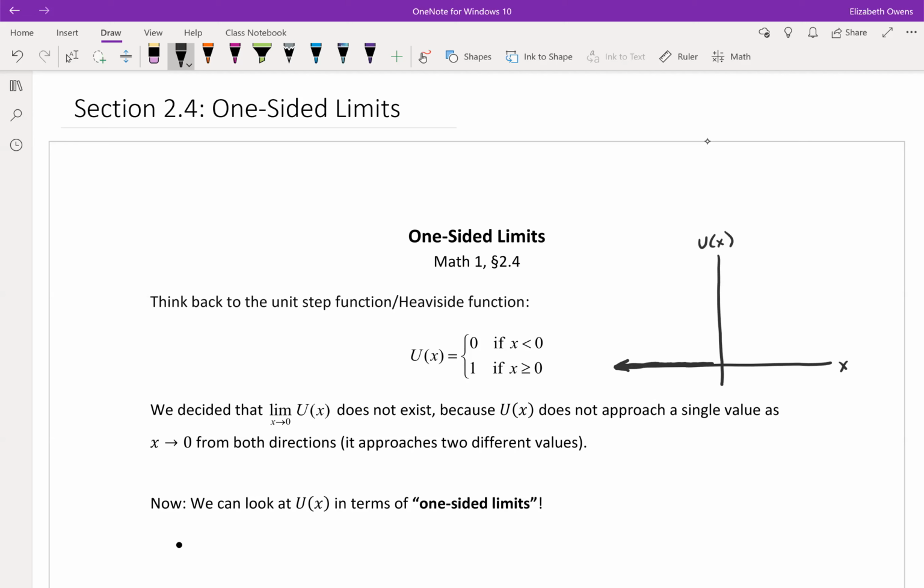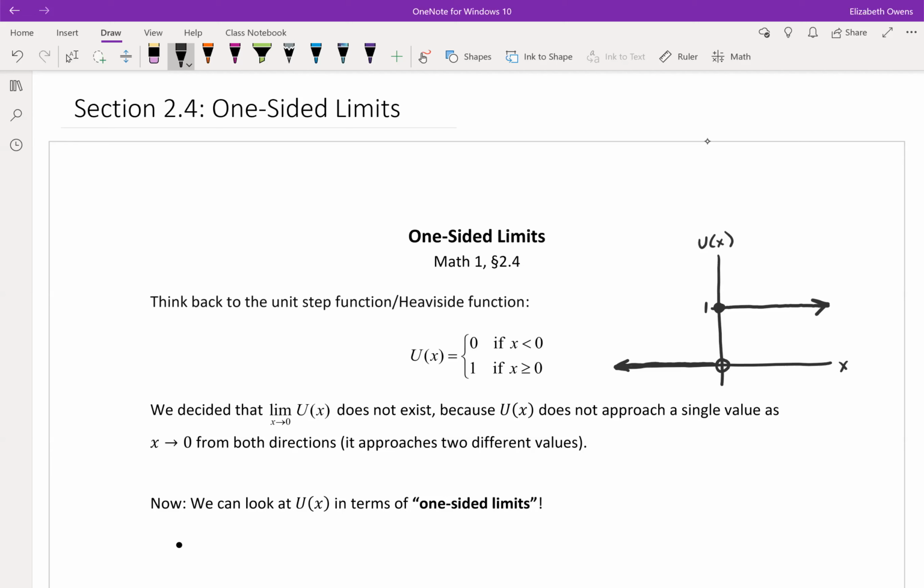And then as soon as we got to x equals 0, the value was no longer 0, but 1 instead. So this is y equals 1 right there. So u of x equals 1 for all the x's that are greater than or equal to 0. This was what the unit step function looked like.